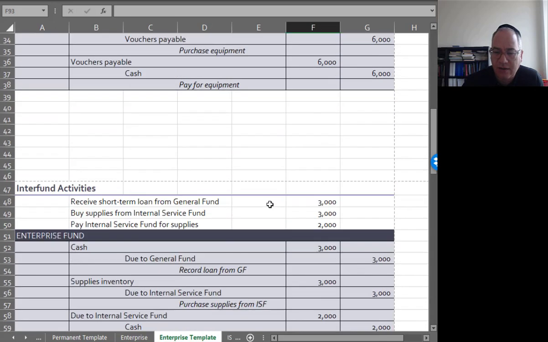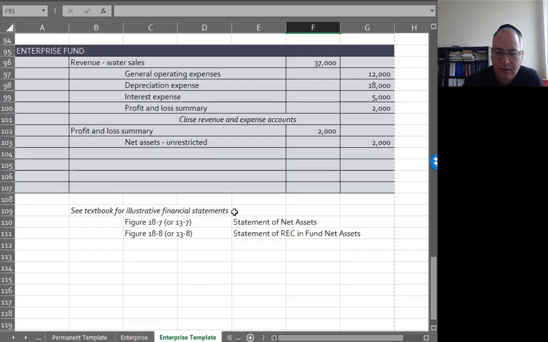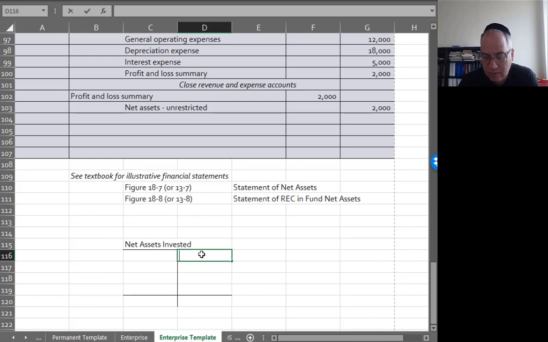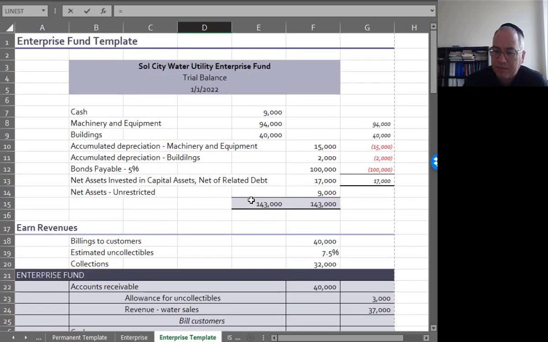So right now, net assets invested, right now in this account, I have $17,000.